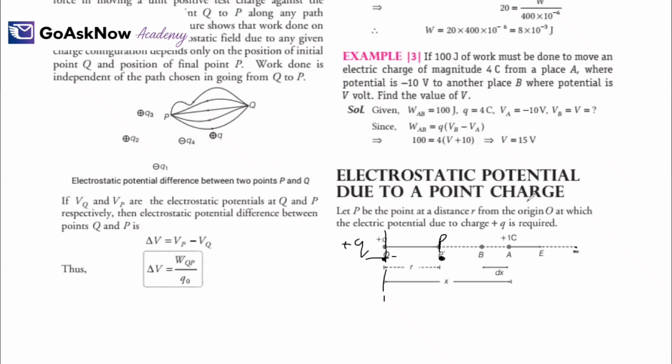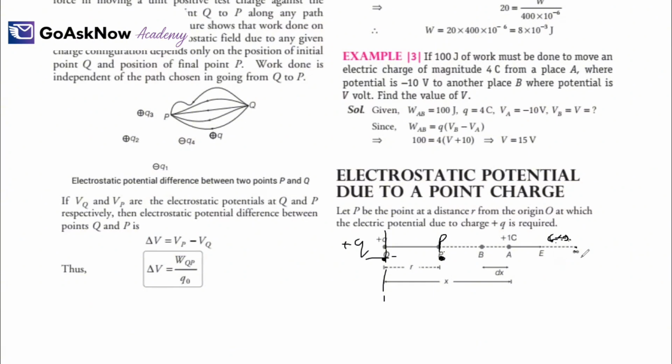The value of work done will come by the integration method only, because the force is variable, so the work done is also variable. That is why we have to integrate the expression of force and displacement. That will give us the value of the electrostatic potential. So let's move to the discussion.